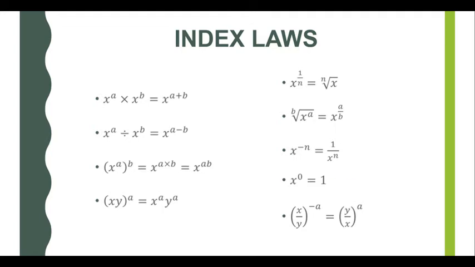Anything to the power of 0 is always 1. If we have a fraction, so a rational number, to a minus power, that is the same as flipping that fraction, then to the power of a, not minus a.